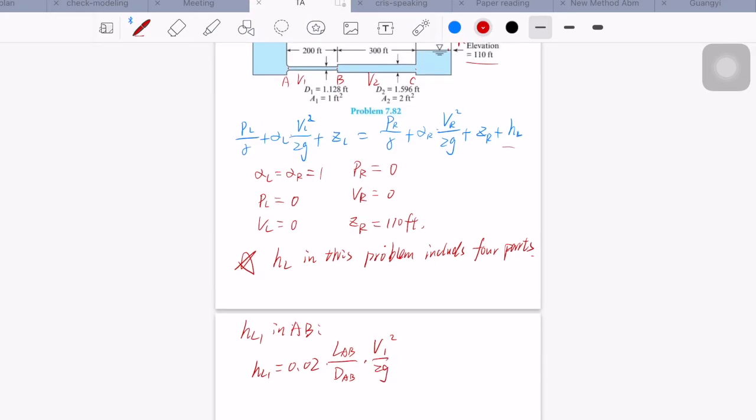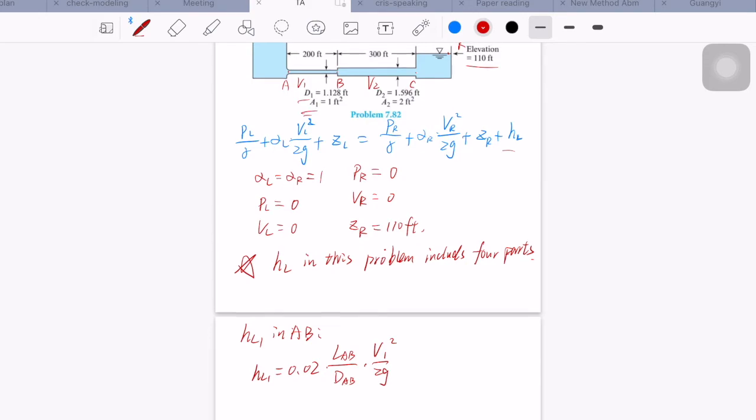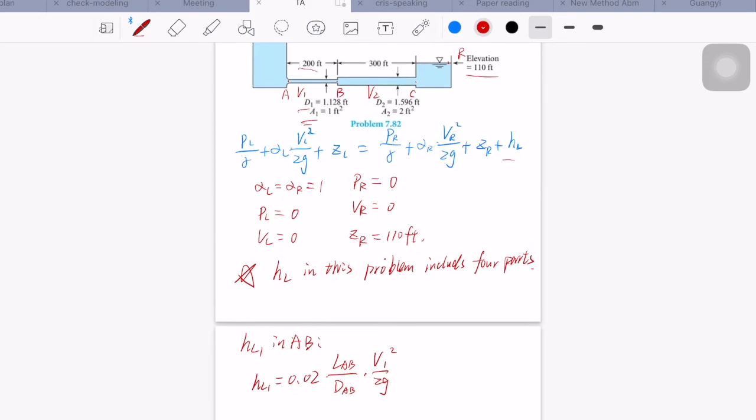And from the problem, we know the D1 and LAB, so it equals 0.02 times 200 feet over 1.128 feet times V1 square over 2g.